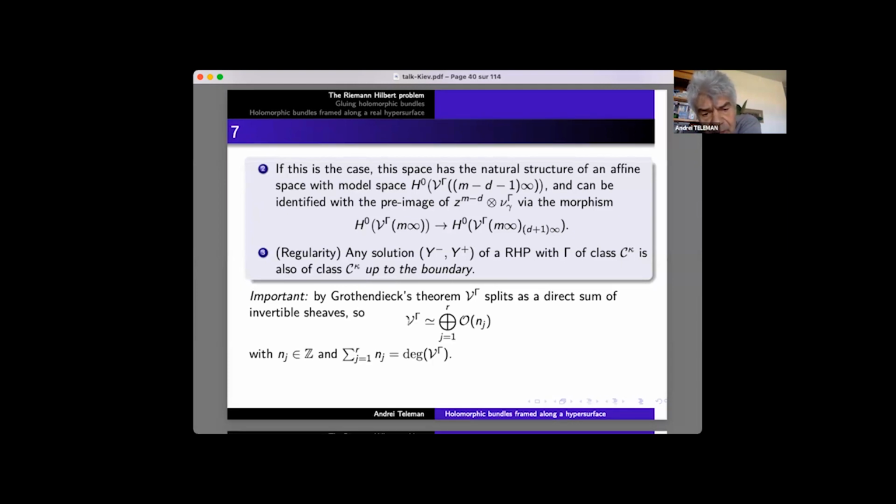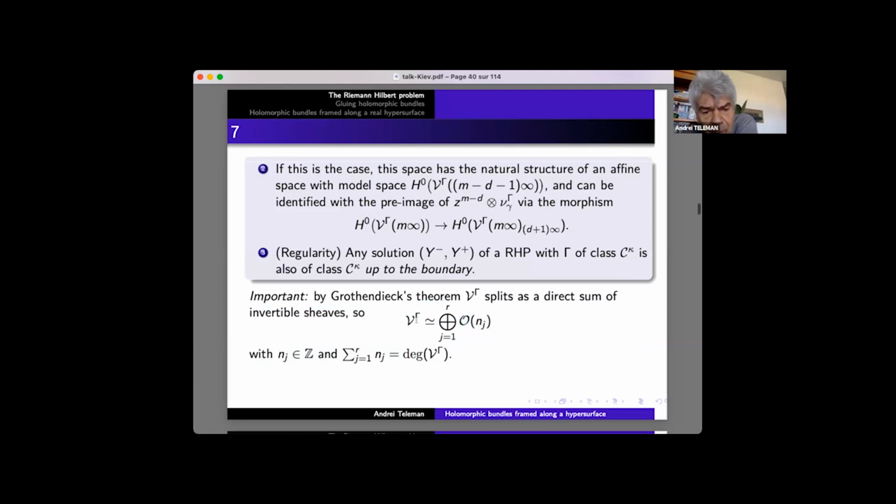So this means that the sheaf I obtained, Grothendieck says, is in fact a direct sum of sheaves which we know very well, canonical on P1, which are defined in any elementary book on algebraic geometry. These are the fundamental twisted invertible sheaves on P1, the structure sheaf twisted with an integer.